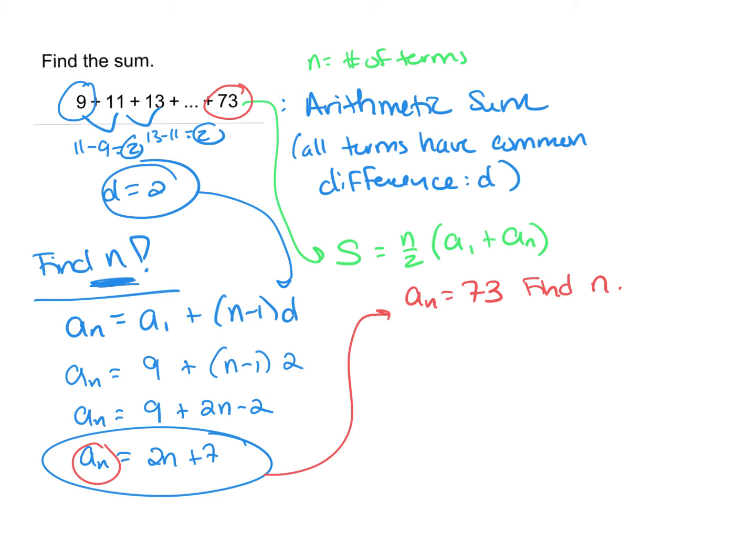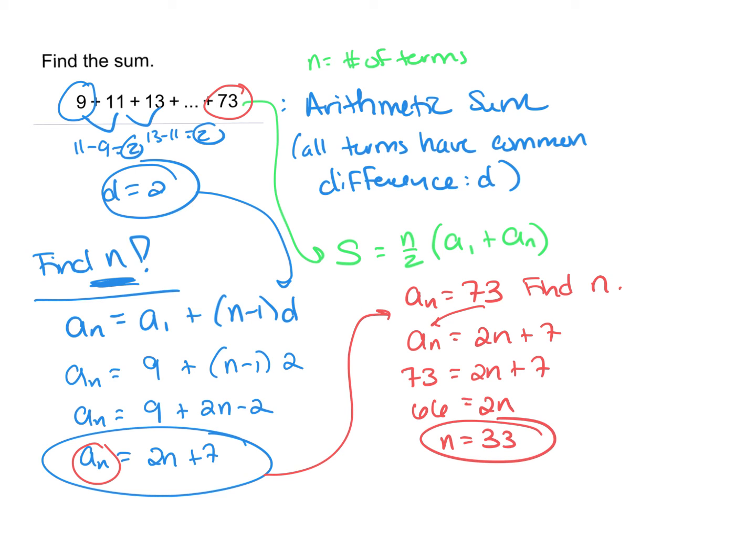We have A sub n equals 2n plus 7, and A sub n is 73. We want to figure out what term is 73, so 2n plus 7 equals 73. Pretty easy equation to solve. Subtracting 7 from both sides gives us 66 equals 2n. So that must be the 33rd term.